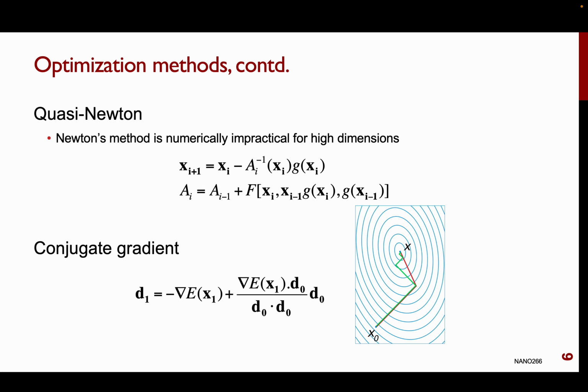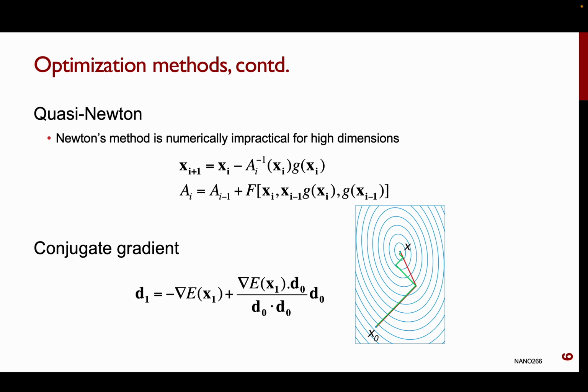Now, while Newton's method is conceptually very simple, and you can actually code it yourself in MATLAB quite easily, I actually did that when I was a master's student, it is a problem for very high dimensions, which is what we are concerned with. If you think about it, let's say I have just 4 atoms, and the 4 atoms have 3 coordinates each.